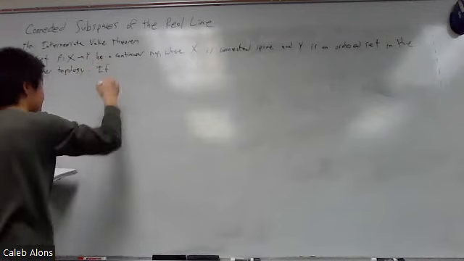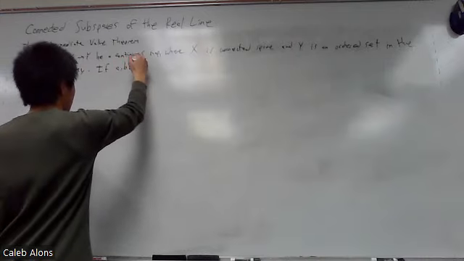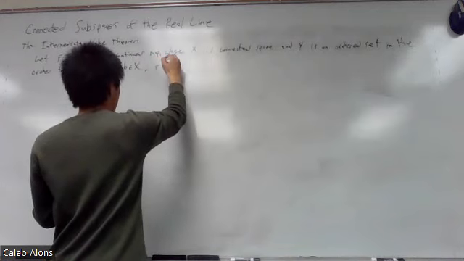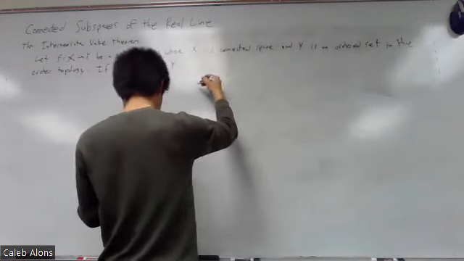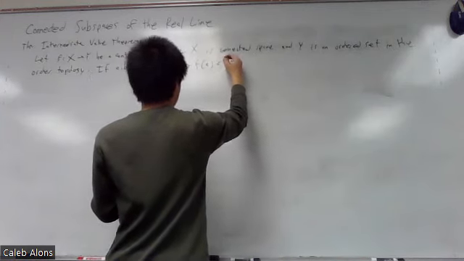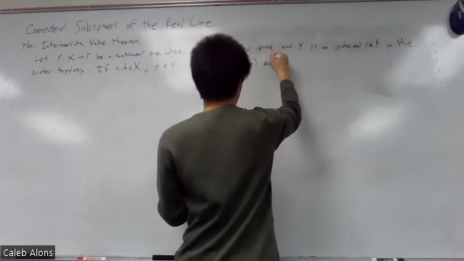Now, here's the part that should look familiar. If we take two points in the domain space, A and B, and then we also choose some point R in the range space such that f of A is less than R is less than f of B, or it could be the other way.